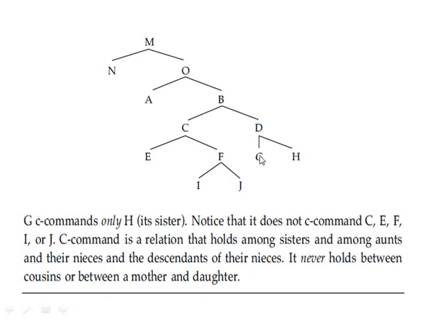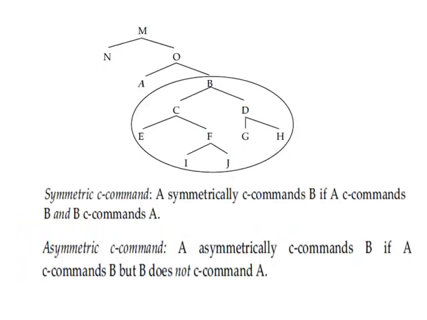Jadi di sini dikatakan bahwa sigmen itu adalah hubungan antara sisters, saudara, atau dengan bibi beserta keponakannya dan ke bawah. Jadi seperti saya katakan tadi, A sigmen B dan semua yang berada di bawahnya B, C sigmen D dan semua yang berada di bawahnya D. Jadi seperti itu yang kita sebut sebagai sigmen.